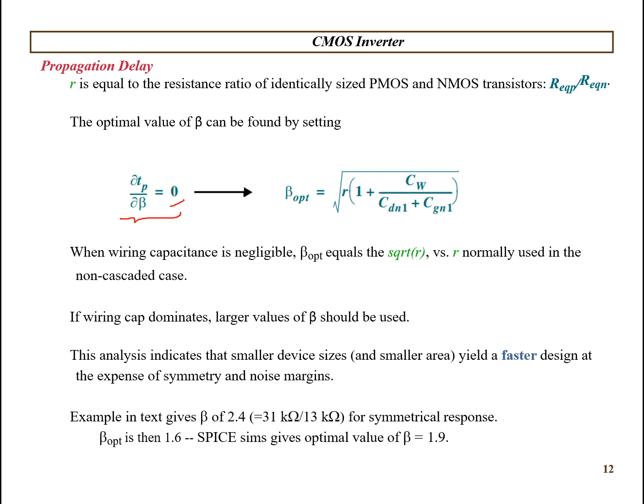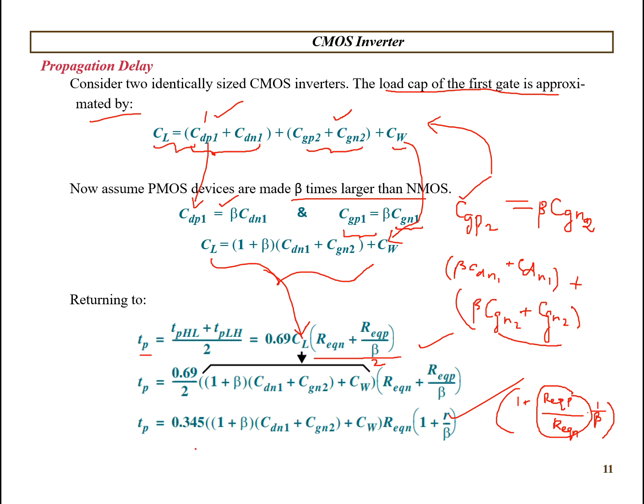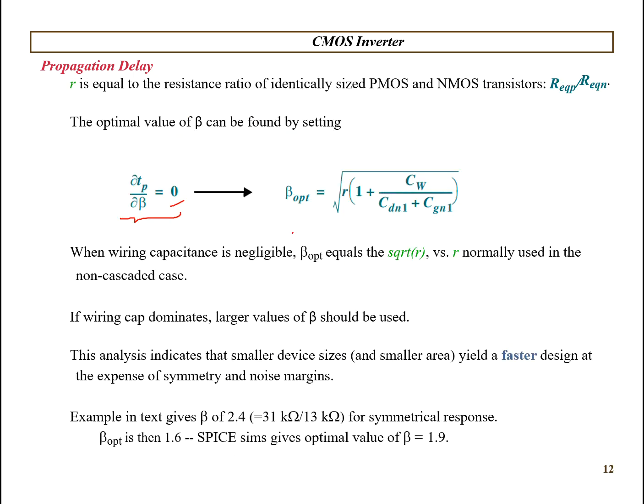Okay. So thus the optimal value of beta can be found by setting ∂Tp divided by ∂beta equal to 0. Okay, if this is the case, see here. You have to integrate this equation with respect to beta, and once you derive it, you will get your beta optimal, replacing beta with beta optimal.